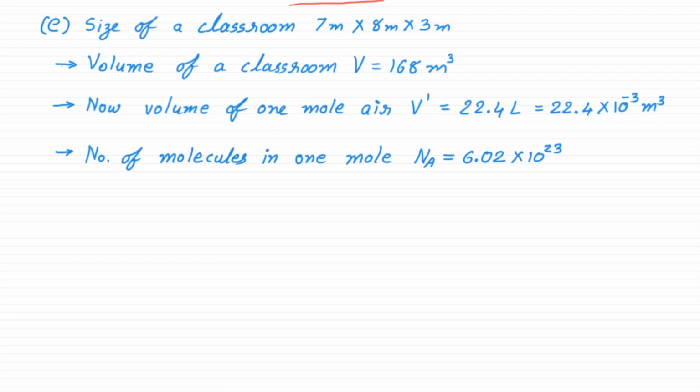Also, the number of molecules in 1 mole is Na, the Avogadro number, 6.02 into 10 raised to 23, which we already know. So in 22.4 into 10 raised to minus 3 meter cube volume, the number of molecules is 6.02 into 10 raised to 23.